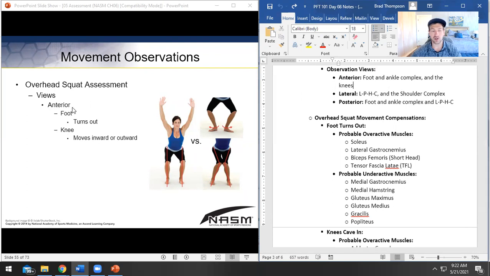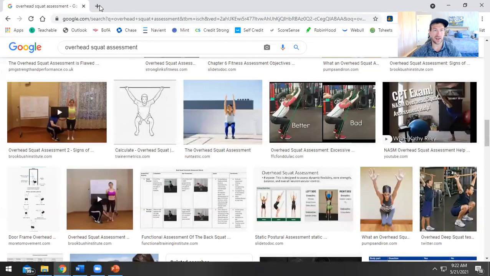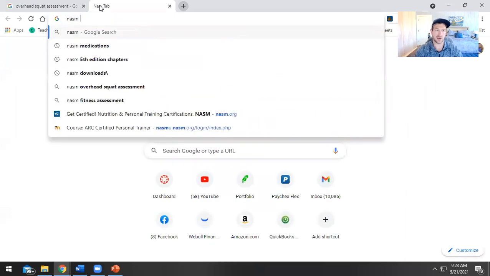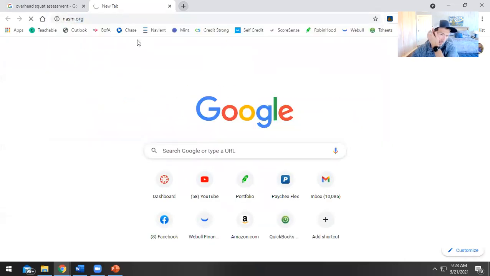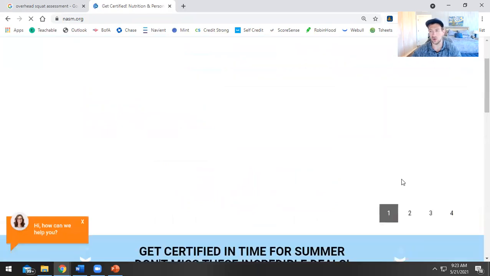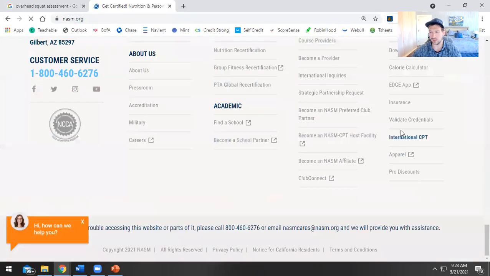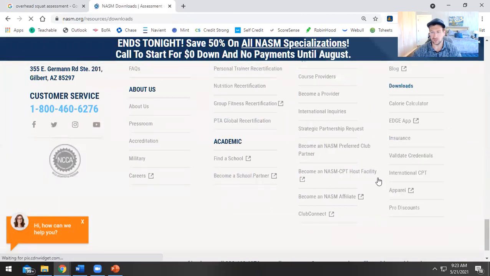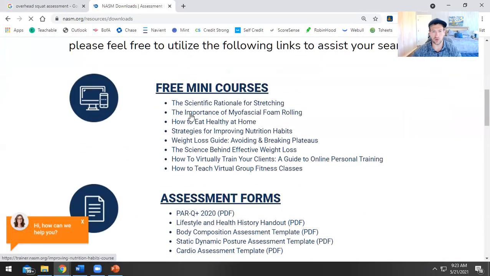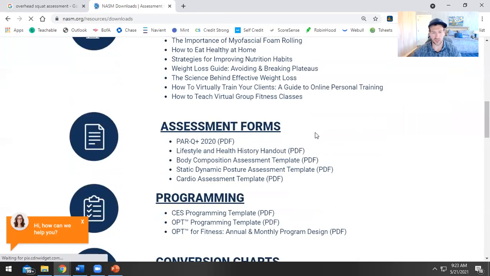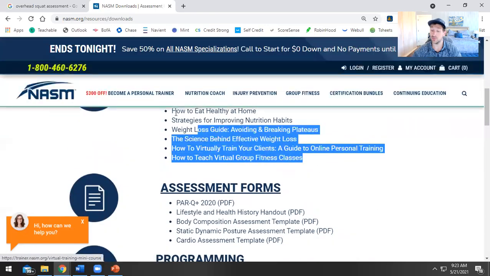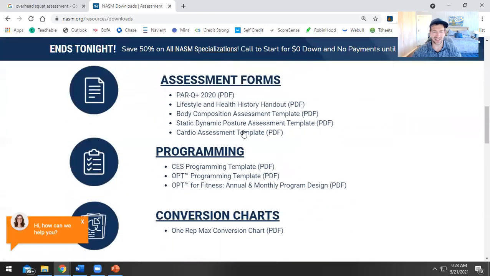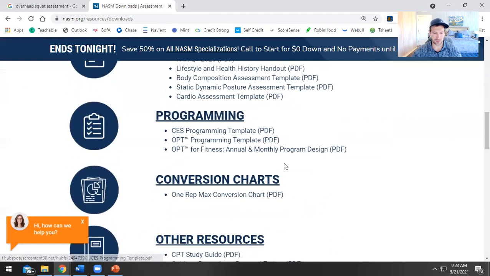From the anterior view, what we're looking for, you can actually find these charts at NASM's website, nasm.org. If you go to their website and go to the resources tab, or downloads tab, I should say, and go over here, aside from all these really awesome free courses, there are also, let's see here, dynamic posture assessment.